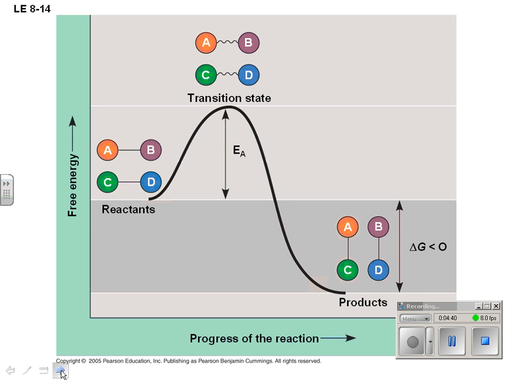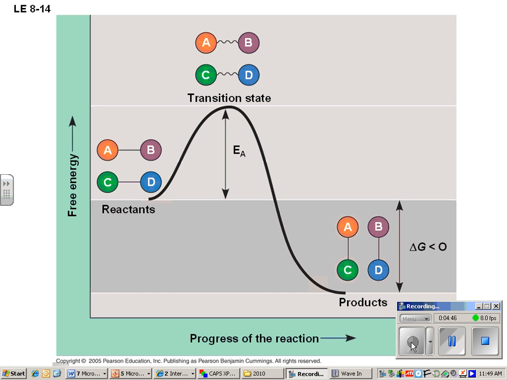That in order to get this match to light, the activation energy of this match is whatever the energy of friction is here, right? That's lower than the activation energy of this wood. Does that make sense? Because I can't rub this on here and get it to light.